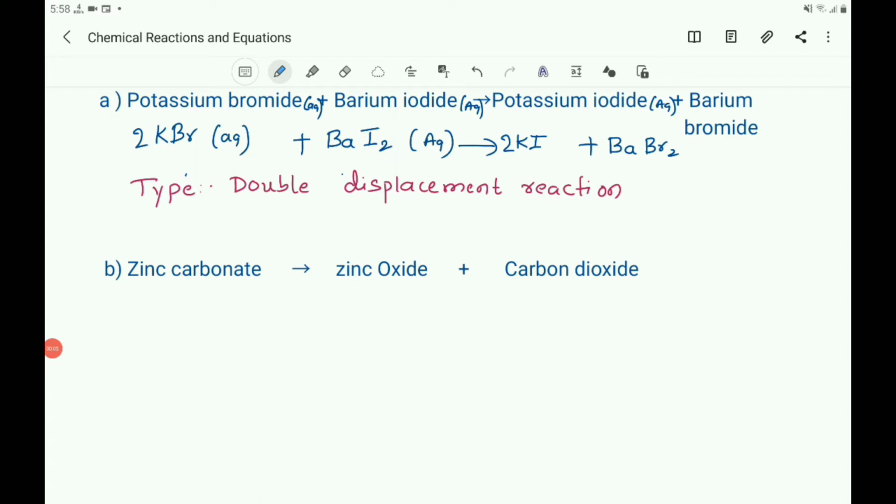Now the second reaction. What is that second reaction? Zinc carbonate produces zinc oxide and carbon dioxide. And here you observe, what is the molecular formula of zinc carbonate? That is ZnCO3.